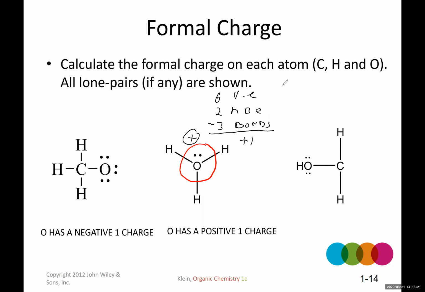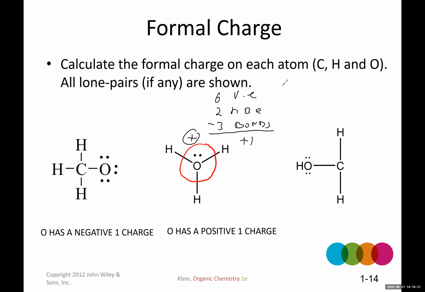So in this case, we are going to draw a circle around the carbon. Carbon has 4 valence electrons in neutral carbon. It's in group 4A. There are no non-bonded electrons, because in these problems, all lone pairs, if any, are shown.